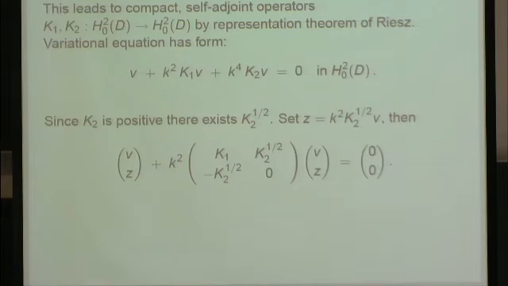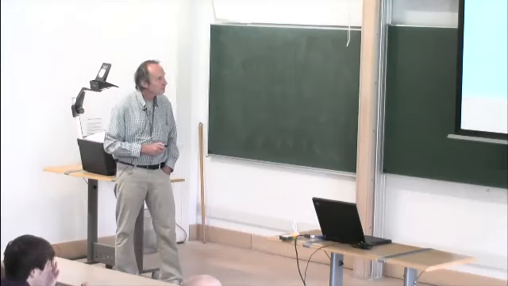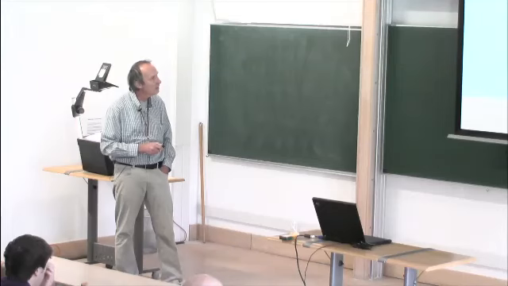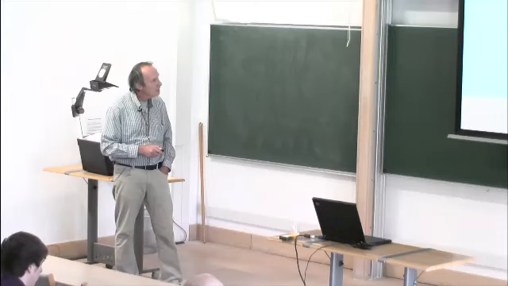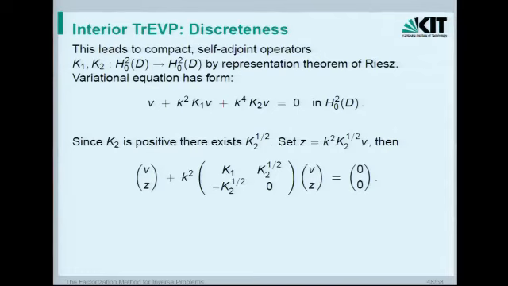If you call k squared lambda, then you have lambda plus lambda squared. There's a standard way: K1 and K2 are self-adjoint. Also, K2 is positive, therefore you can define the square root. They are also compact operators. If you set Z to be k squared times this V, then you end up with a system which is now an ordinary eigenvalue problem. But as you see here, and that's the reason why I put it there, it is not self-adjoint.